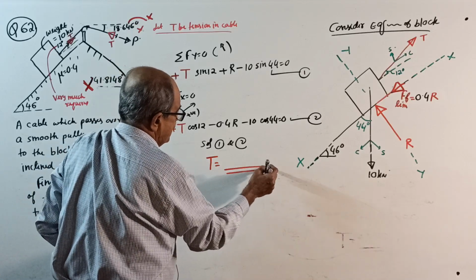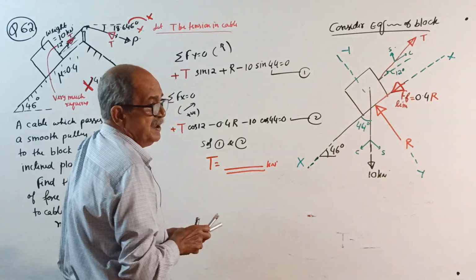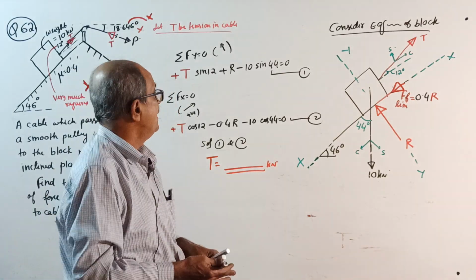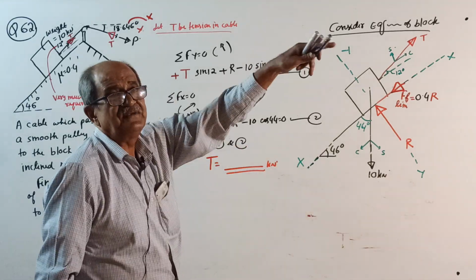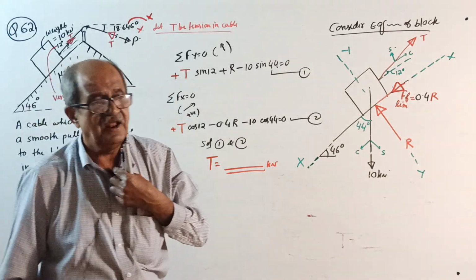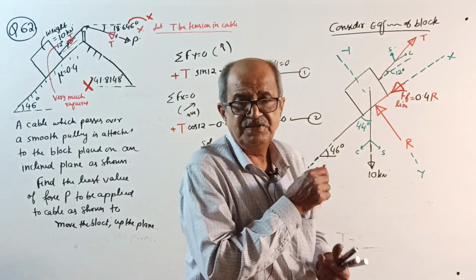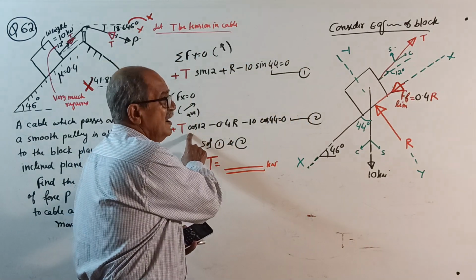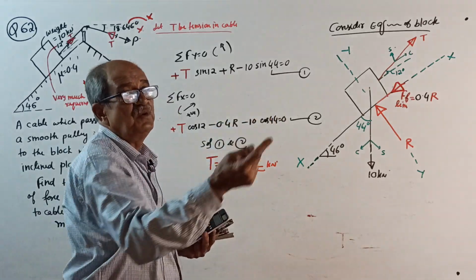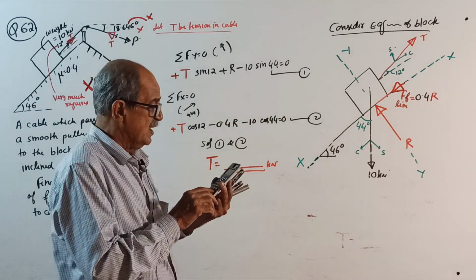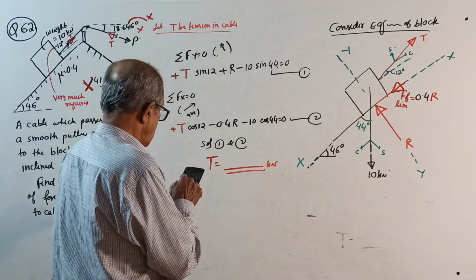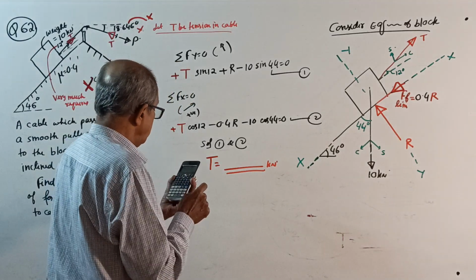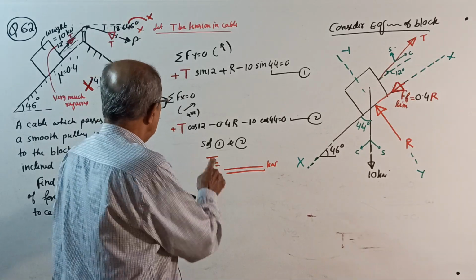T will come in kilonewton. Now, very important: when you solve 1 and 2 using a calculator, the constant should be taken to that side, otherwise it will give a wrong answer. That much common sense is required. The calculator form is A1x plus B1y equals C1. Those things I cannot tell in class. So mode, simultaneous equation, two unknowns.